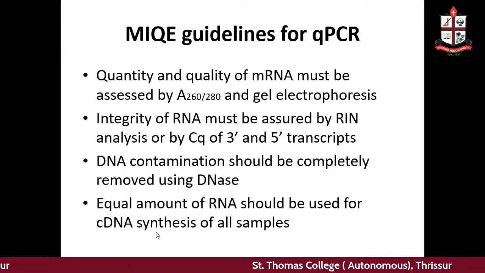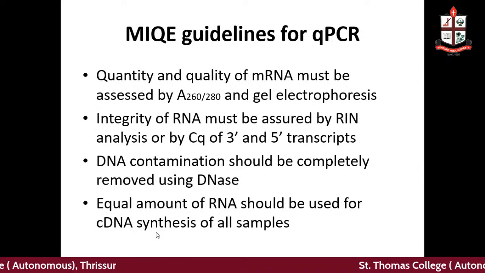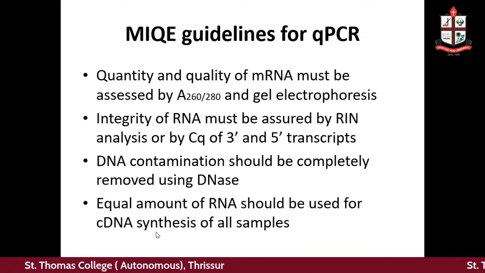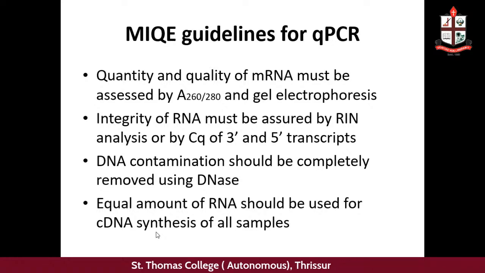So that will affect your real-time PCR result. So that should be taken care of. So DNA should be completely removed. And also another thing you can do is design any one of your primers to an exon-intron junction. So if you design a primer spanning the exon junction, then that primer will not bind to the DNA template.